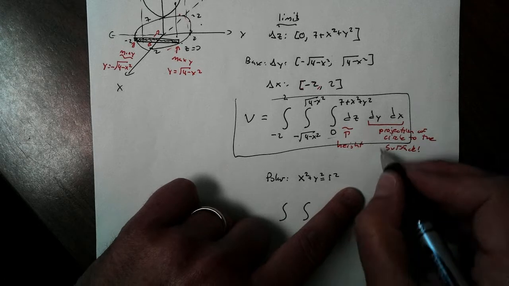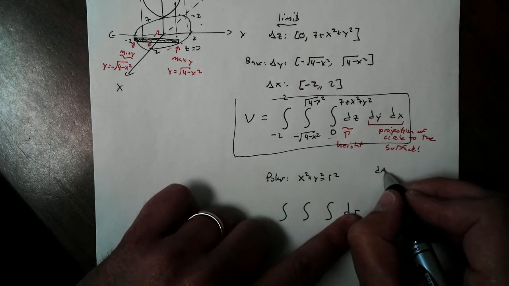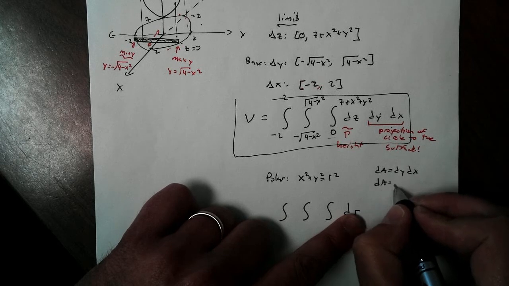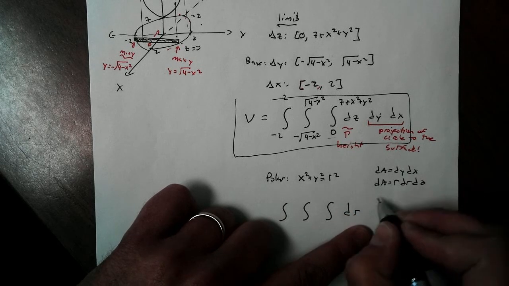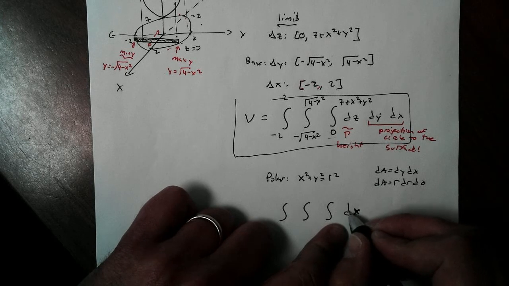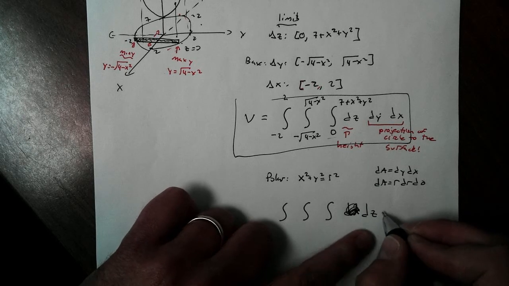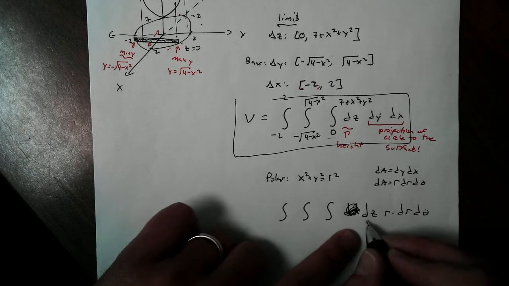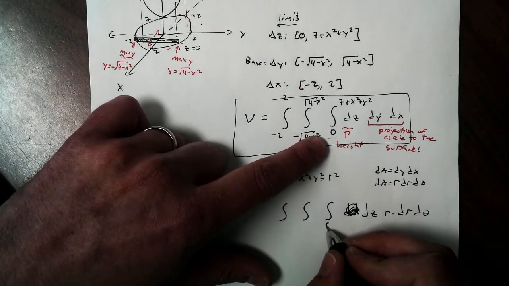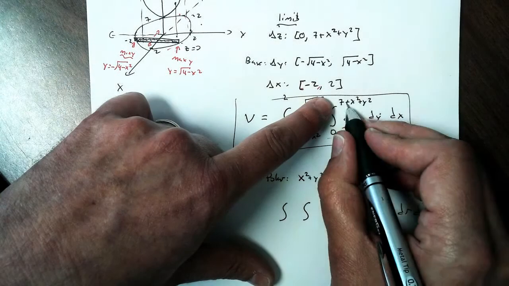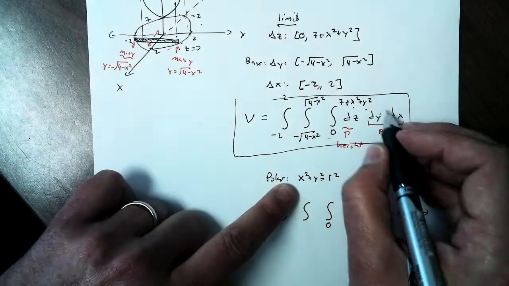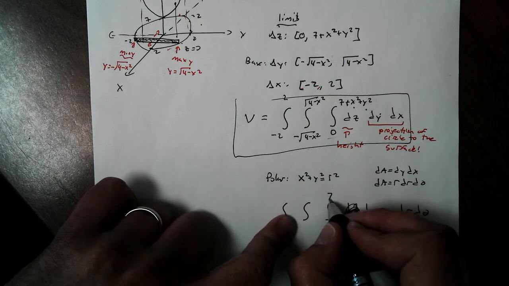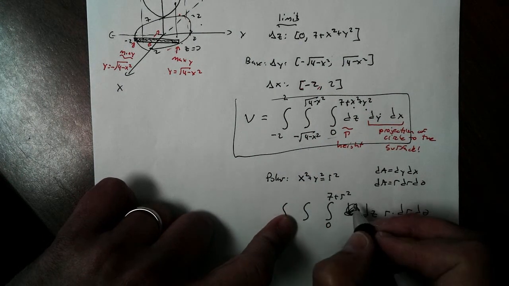But remember, in rectangular it was dA equals dy dx, and in polar it is r dr d theta. So it's going to be dz r dr d theta. The change in z is still going to be from 0 all the way to 7 plus x squared plus y squared. But remember, in polar, x squared plus y squared equals r squared. So this is just 7 plus r squared.